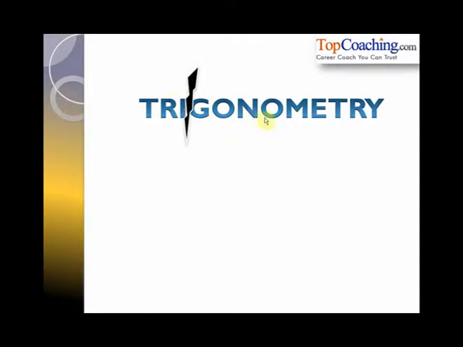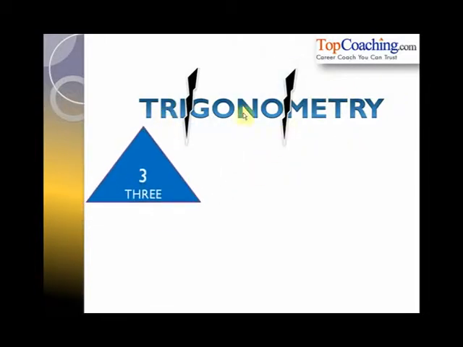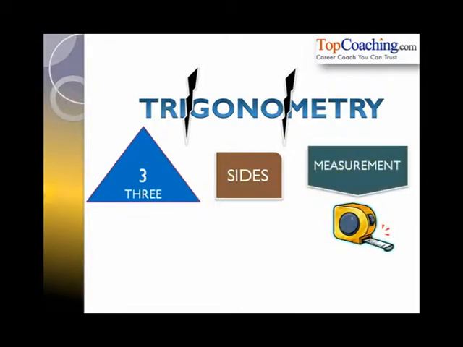We can actually split this word into three parts: tri, gono, and metry. Now what do we mean by tri? Tri means 3. What do we mean by gono? Gono means sides, and metry comes from the word metron, and this means measurement. So all these words when combined together is the measurement of 3 sides.